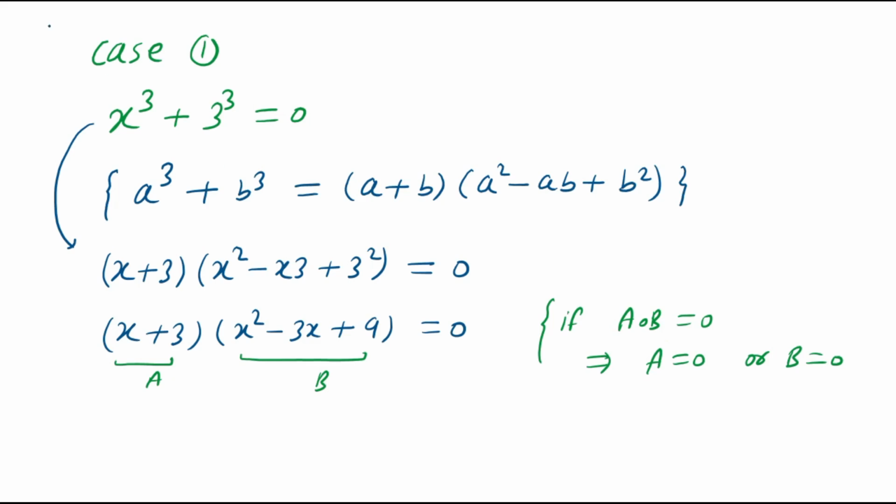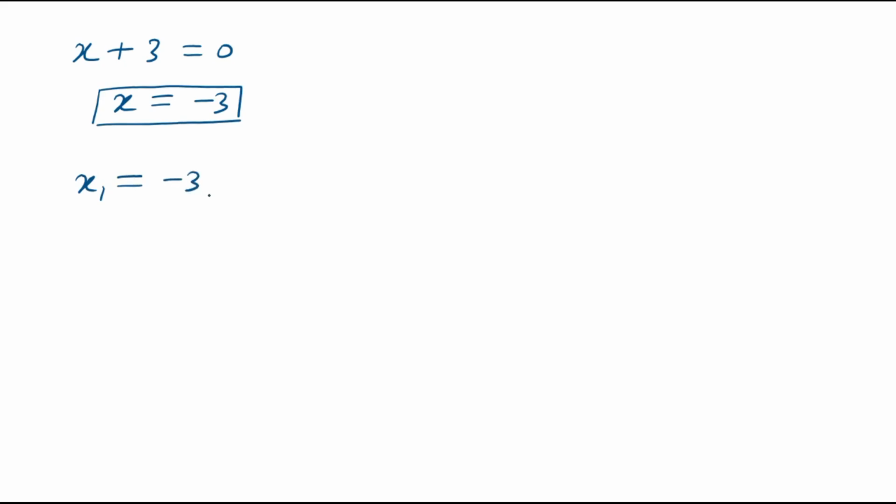If we apply this rule, then x + 3 = 0, or x^2 - 3x + 9 = 0. If x + 3 = 0, then the value of x is equal to -3. This is the first solution. Let's say x1 = -3.